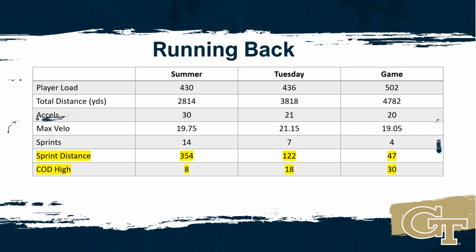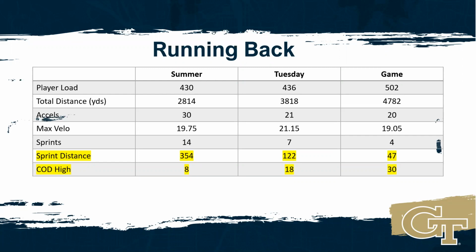And this one I found interesting because, and I'm guilty of this myself, because of running backs' ability, we put them into position groups with the wide receivers and the DBs. Typically that's your skill group: running backs, wide receivers, DBs, and we have them do similar type things. But when you look at what they actually do in practice or even in a game, it's nowhere near the same.